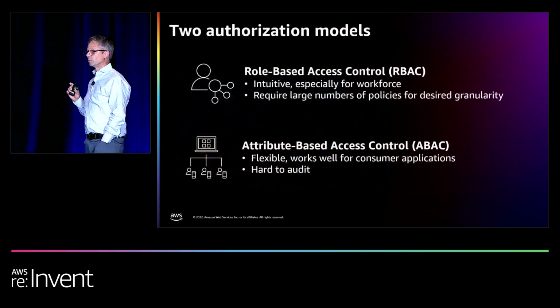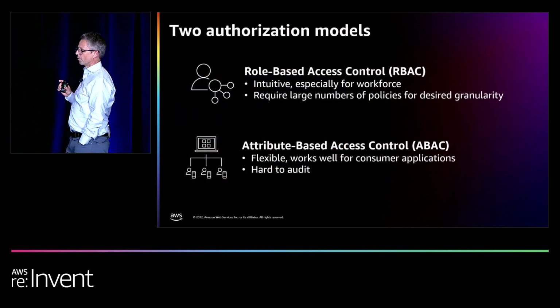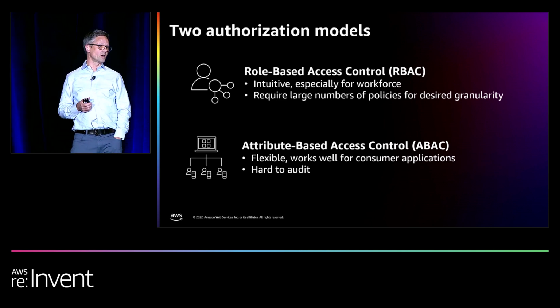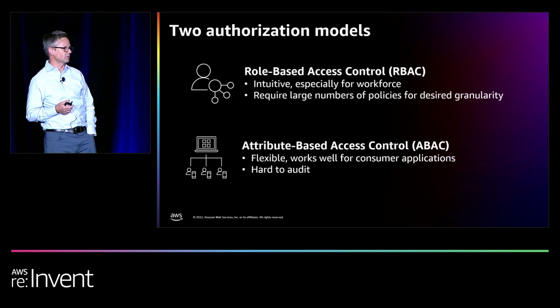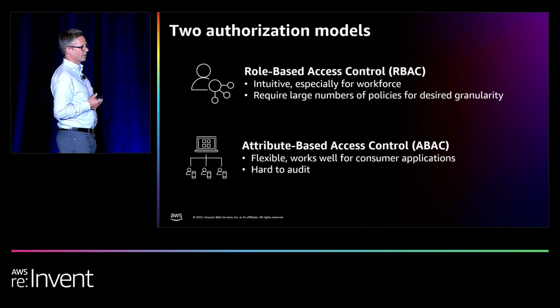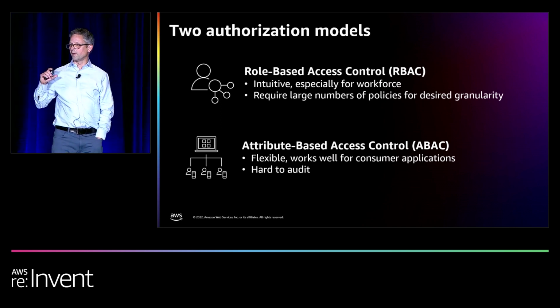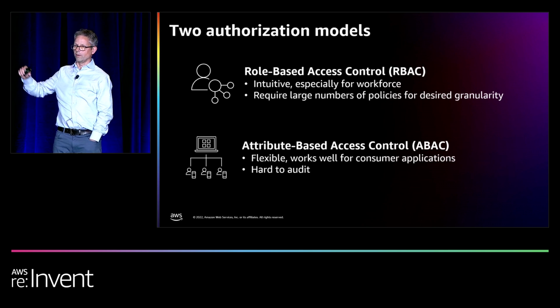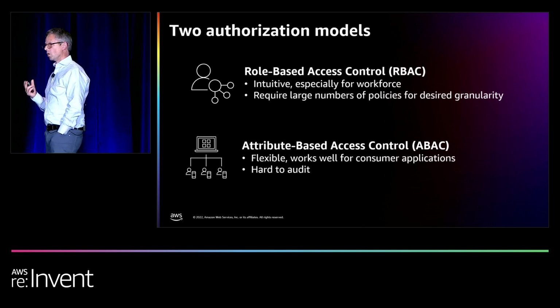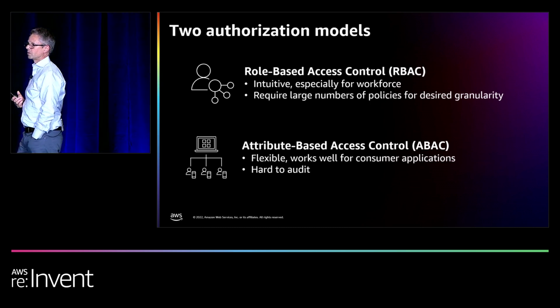We also see in general terms two authorization models. There is what we often refer to as RBAC, or role-based access control, which works well in a hierarchical organization where users are divided into groups, into a hierarchy, and we can assign roles to different groups, and those roles determine what users in those groups are permitted to do.